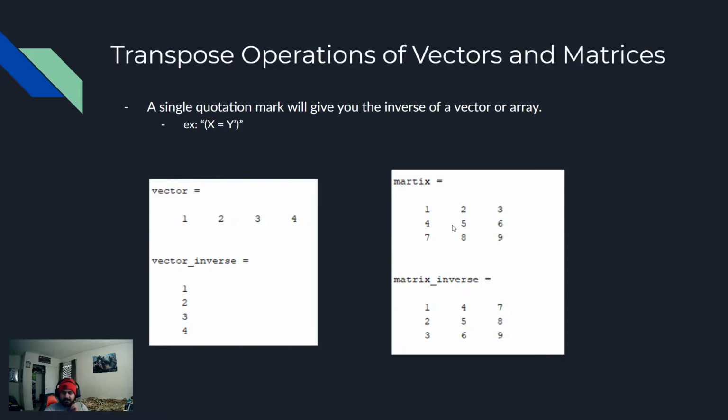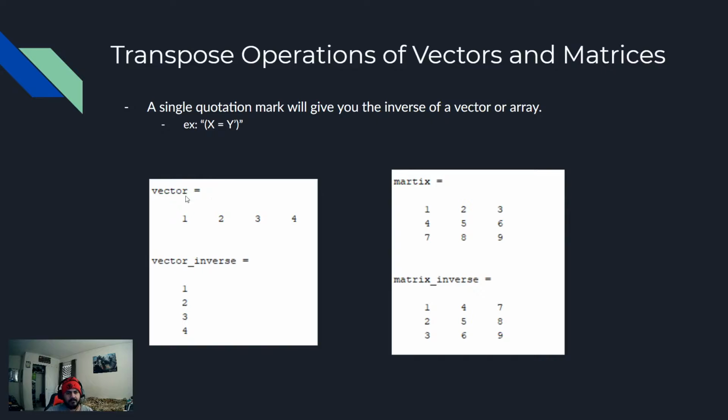And what we can actually do now is get into the different operations that you can do with vectors and matrices as well. So to start off, we'll start with the transpose operation. What transpose basically does is it flips a vector or a matrix.